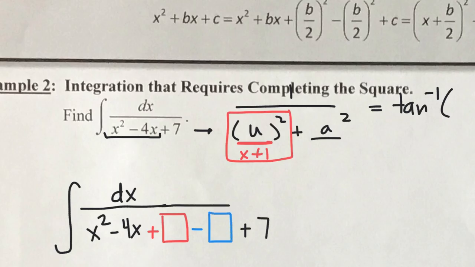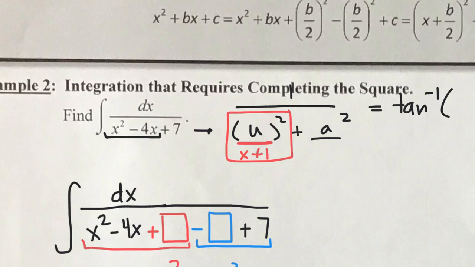Yes, I should have made a much longer vinculum there. So there we are. This is going to be your perfectly factorable quadratic, and then the rest of this is going to be your hopefully plus a squared. Maybe. Well, we can always write it as something plus a squared. We can do that just fine.